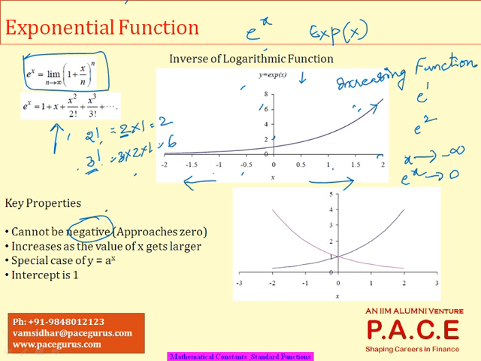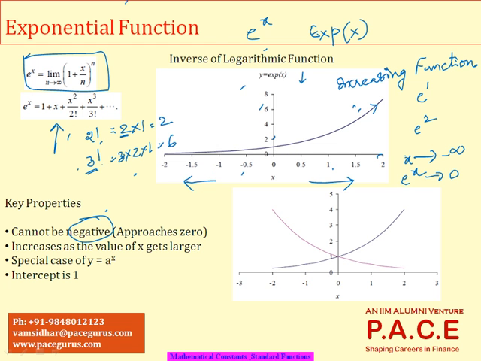Only when both the signs are available for that particular value, then only it will cut the x-axis. But in this case, e to the power of x is always positive. At the worst case, it can come down to 0, which means e to the power of x can never be negative, and also it does not cut the x-axis at all.